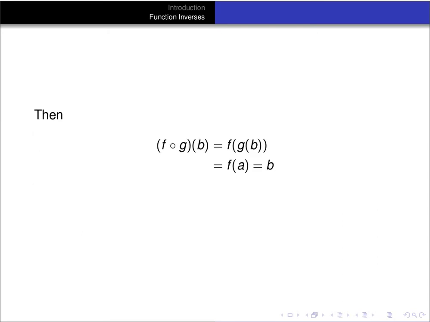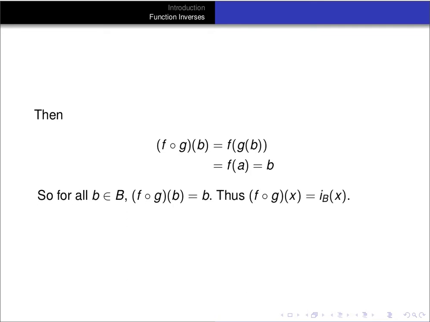And so we get that F composed with G of b is equal to F evaluated at G of b. G of b is a, so that's F of a, which is b. So that proves that for all b in B, F composed with G of b is equal to b. And that proves that F composed with G is the identity on B.